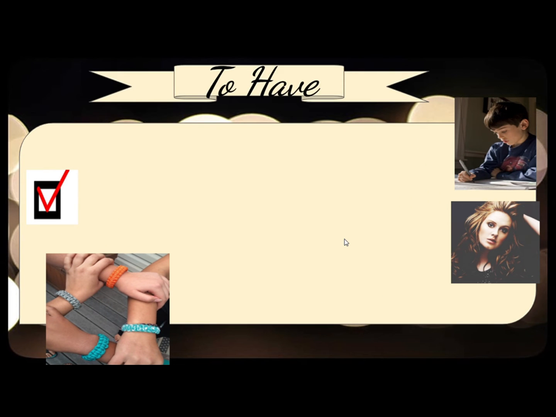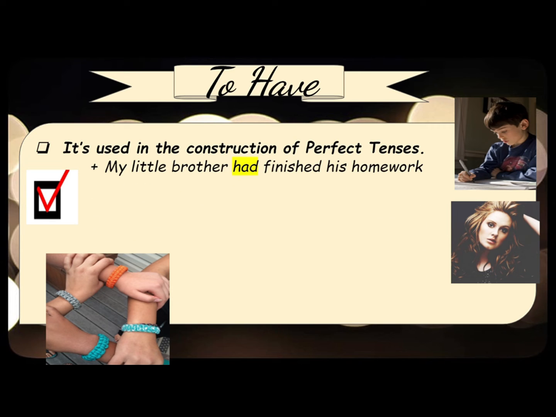The verb to have. It's used in the construction of perfect tenses. For example, my little brother had finished his homework before I got home from the market. I was surprised. In this sentence, we use the verb to have as an auxiliary in the past perfect.